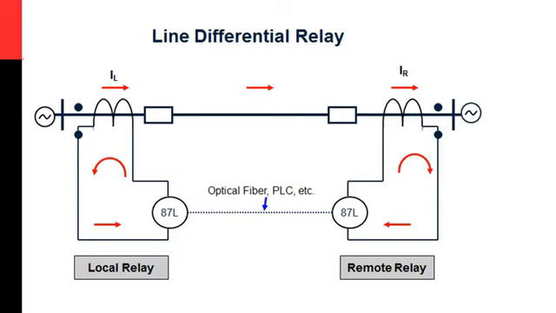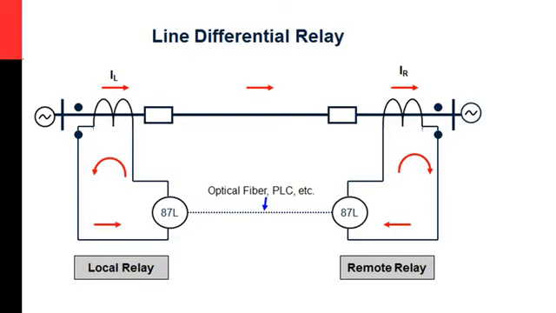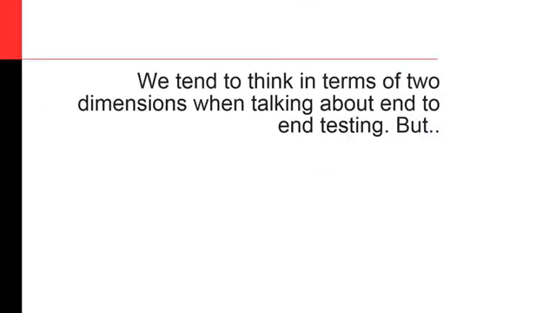Since most applications are like this, we tend to think of end-to-end testing in two dimensions. We tend to think of only two relays talking to each other, and we tend to then think of end-to-end testing as, okay, we're just synchronizing two test sets and doing what's appropriate to test such schemes.